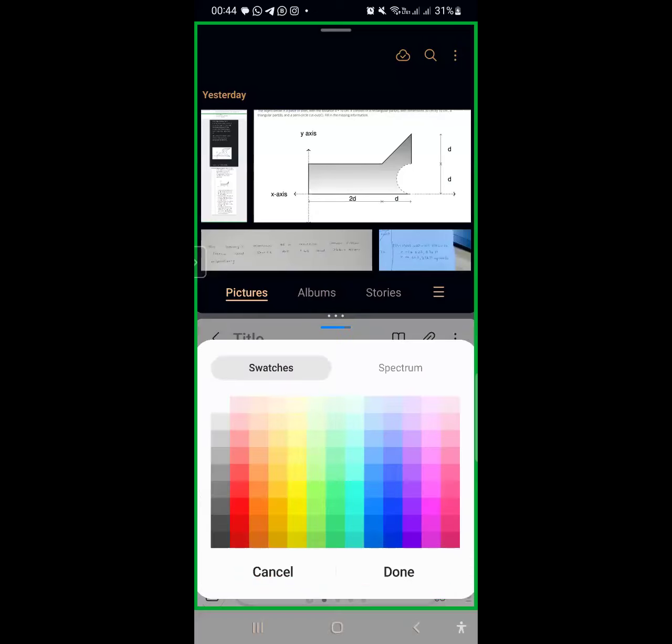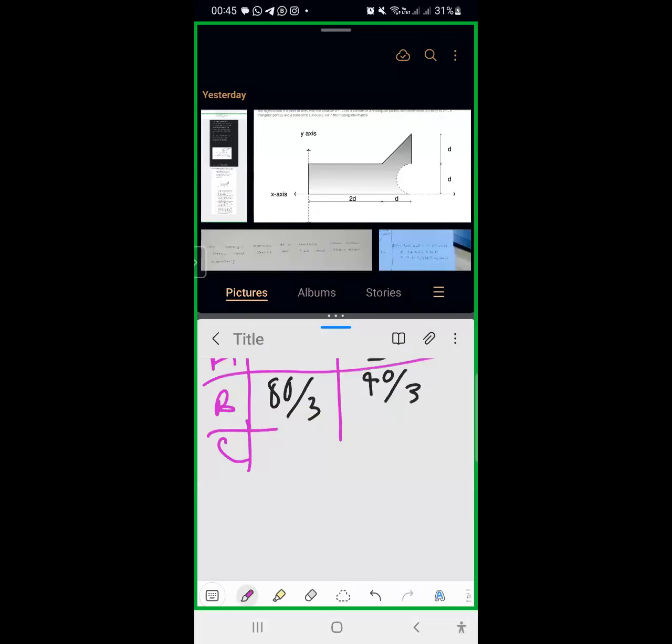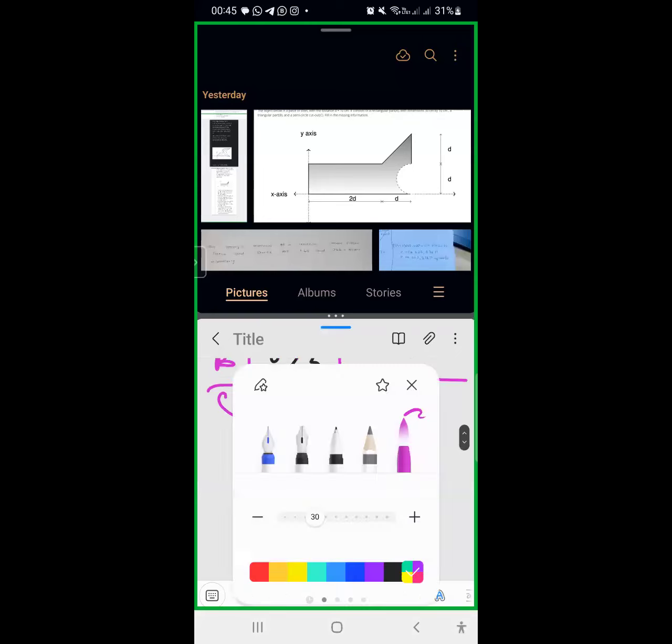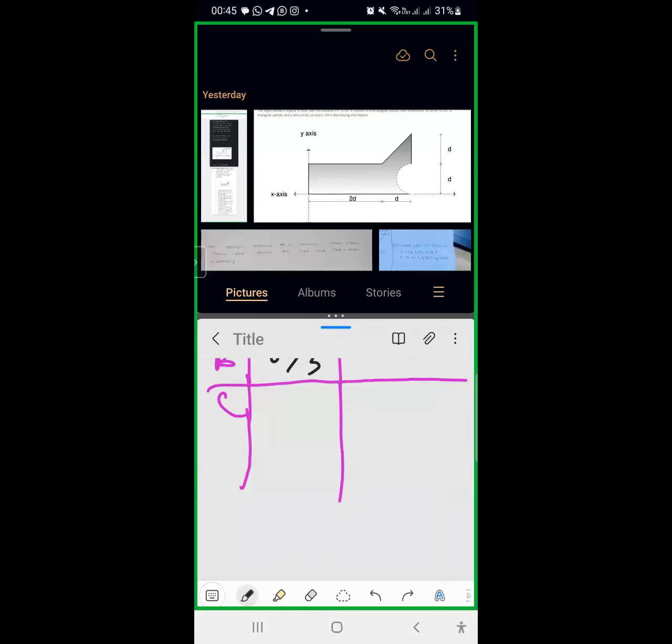So what I will do is that I'll just write this as a whole number. So that is 3 times 10, which is 30, and then this is minus 4 over 3 pi multiplied by 10 over 2.